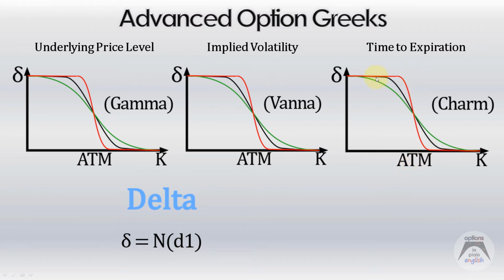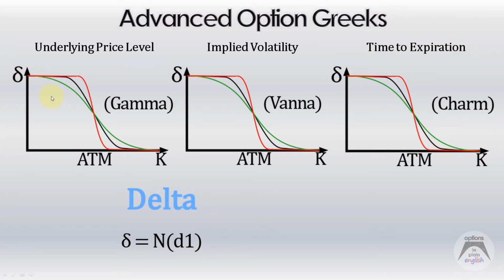So when you have very little time, the delta is going to be 1 for most of these strikes, and then 0 for most of these strikes, and only these ones are going to have a meaningful value of delta, because those are the ones that can actually change. Those are the ones where you still don't know. This is where the uncertainty lies, here in this area. So this is how delta changes with time to expiration.